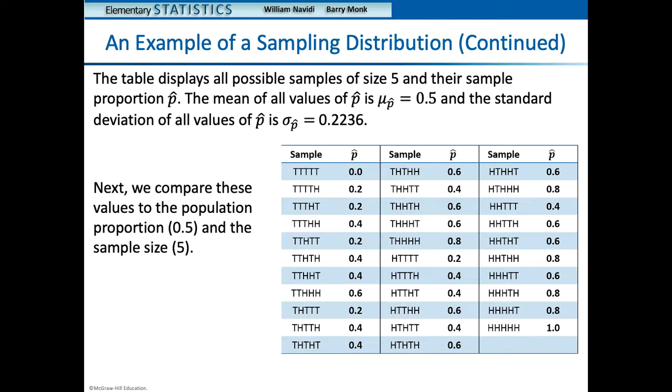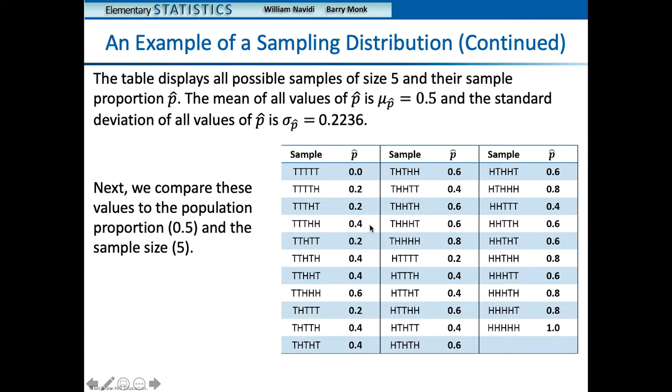And each sample has a sample proportion that goes with it, and that proportion is the proportion of heads in that particular sample. So this sample has a sample proportion of 0 because there are 0 heads. This sample has a sample proportion of 0.2 because there's 1 head out of 5 coin tosses. So 1 divided by 5 is 0.2.